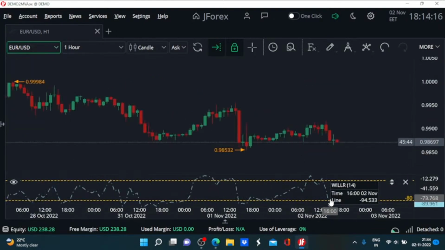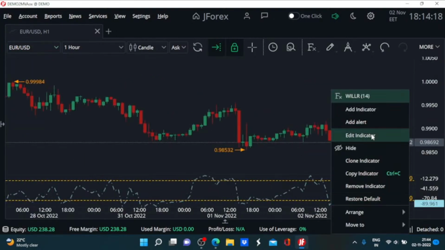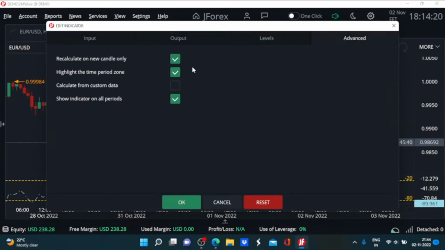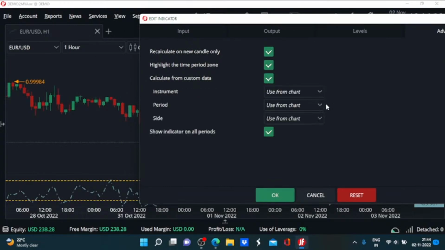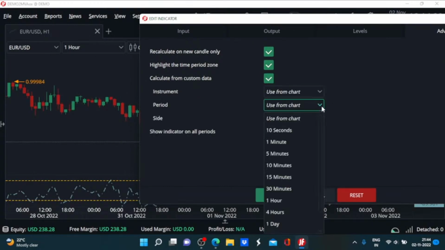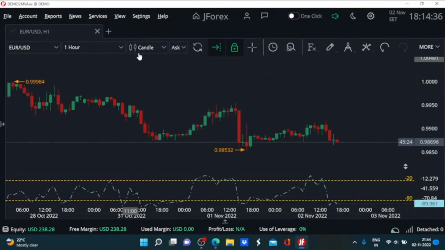All right. Now coming to the further customization of the calculation, you can go for the similar customization of the calculation period, the candle period. You can use it from the chart. So here, for example, the candle period is hourly, so we have the indicator also being calculated for the hourly candle period.